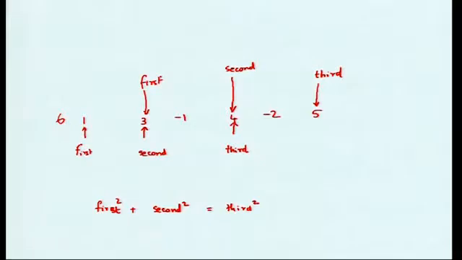If you do that, then you know that 3 squared plus 4 squared equal to 5 squared, and you will identify a Pythagorean triple. So what we do is that we have to shift all these variables, first, second and third, by one positive entry.